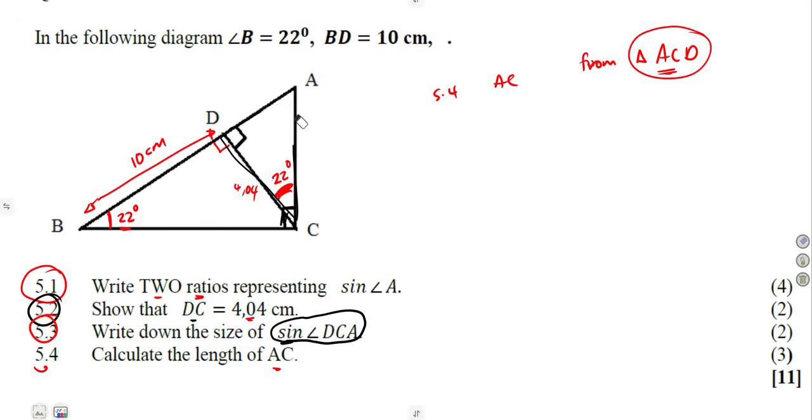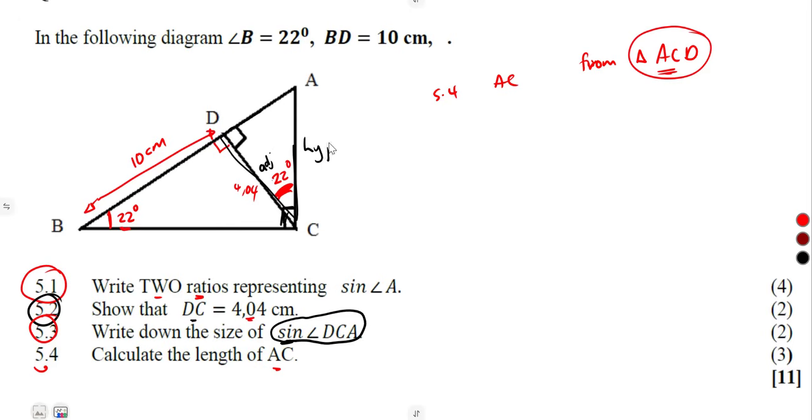So let's say I want to use this 22 degrees. According to 22 degrees in this triangle, what we are given, 4,04, which is CD, is our adjacent. And AC, the one that we want to calculate, is the hypotenuse facing 90 degrees.